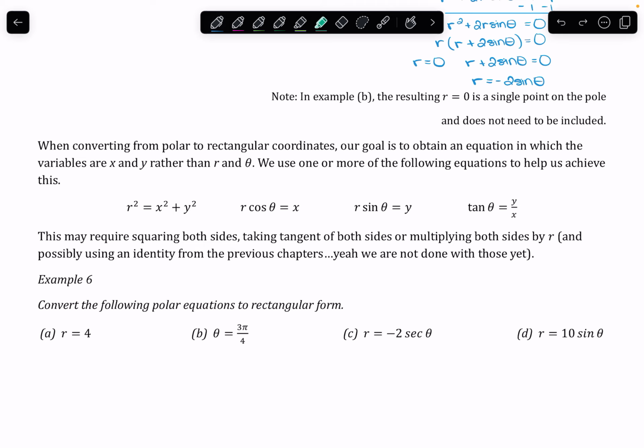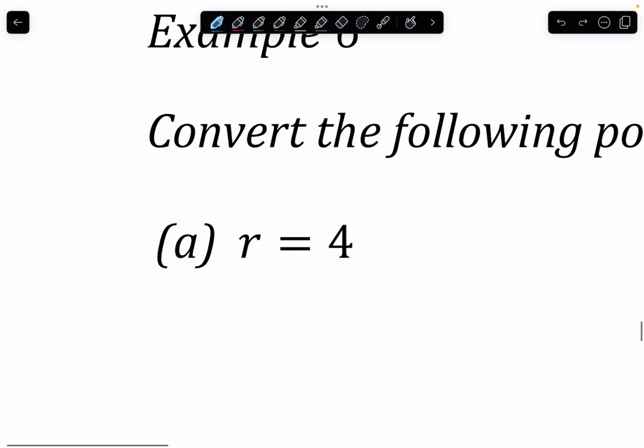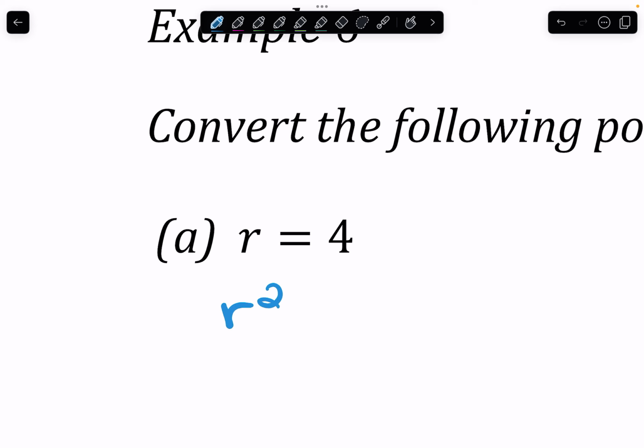All right, so now we are going backwards. The goal here is to get our equations from r and theta to x and y. So different kinds of manipulations. Looking at the equation r equals 4, I don't have a substitution for r, but I have a substitution for r squared. So I'm allowed to square two sides of an equation. I'm going to square the left side and I am going to square the right side.